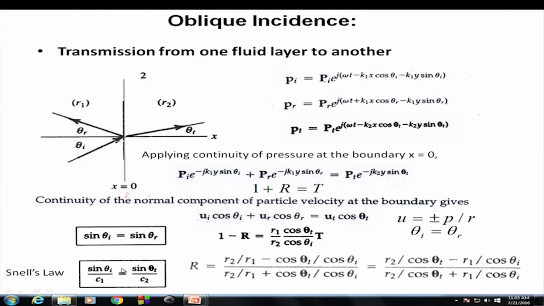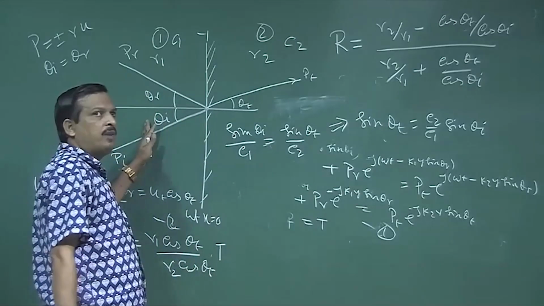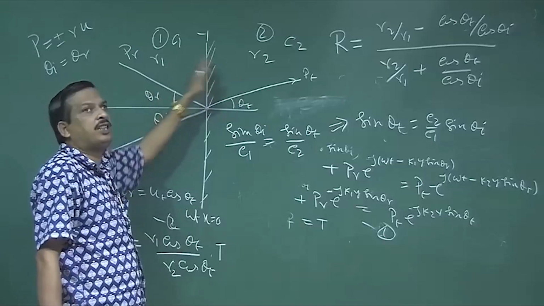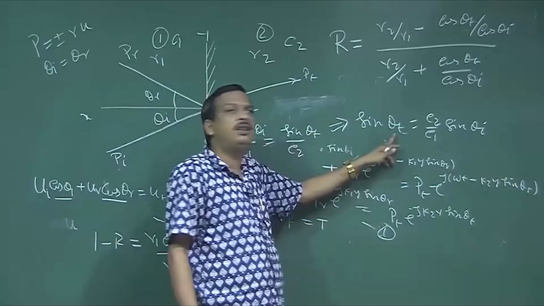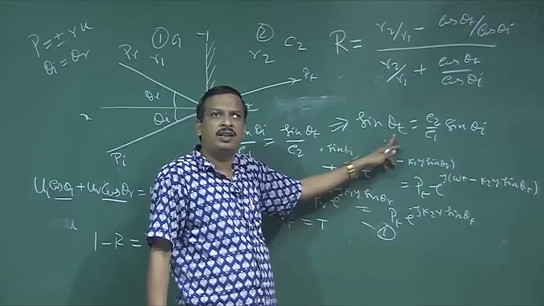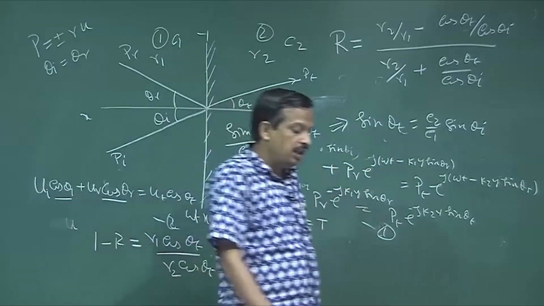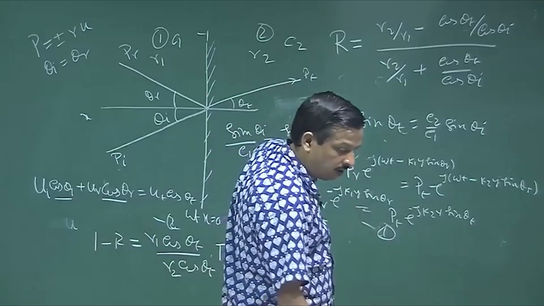Okay. So, if an angle of incidence is given and speed of the sound is given in the two media, then I can calculate sin theta t, the angle of transmission. Now, come to the situation. Let us go to some situation.